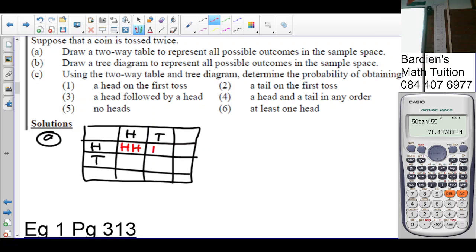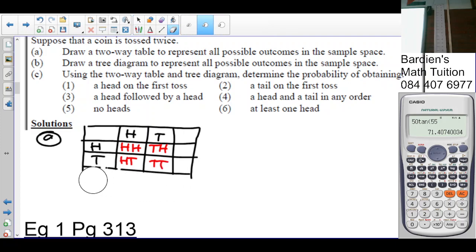Or your first coin can be tails and your second coin can be heads. And your other option could be heads, tails and tails, tails. Okay, you all understand? So that is a two-way table.